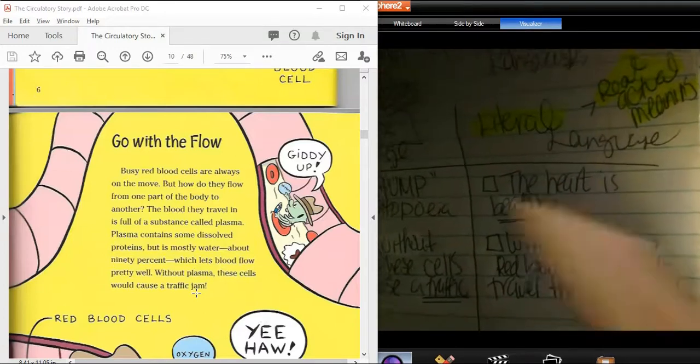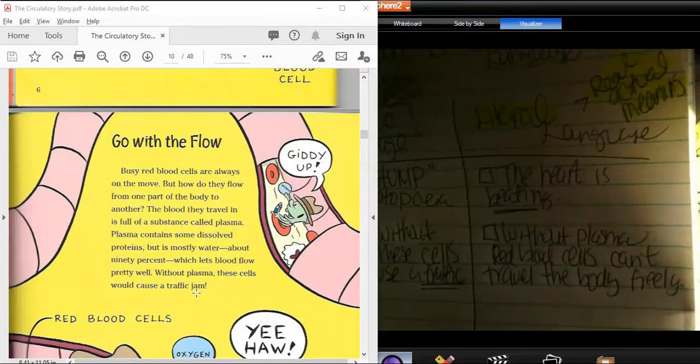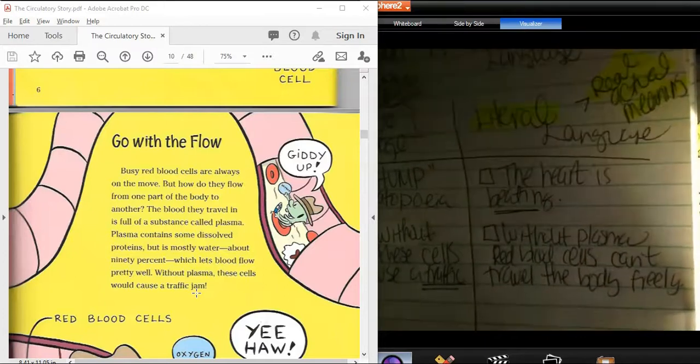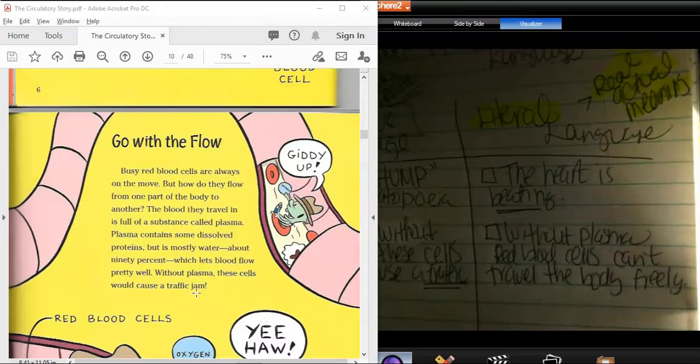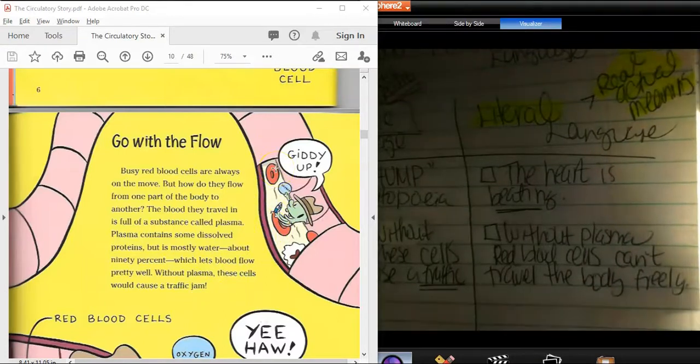So they wouldn't be able to travel freely, right? Because then they'll be stuck. There's no plasma. It's like there's no water and they can't travel through. Remember, the plasma is a yellow gooey thing that we saw here.